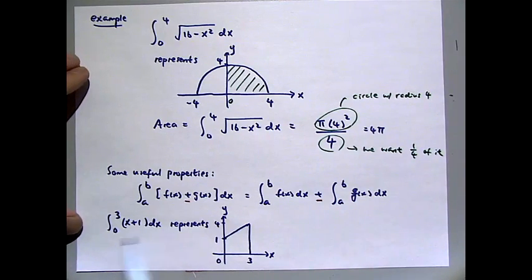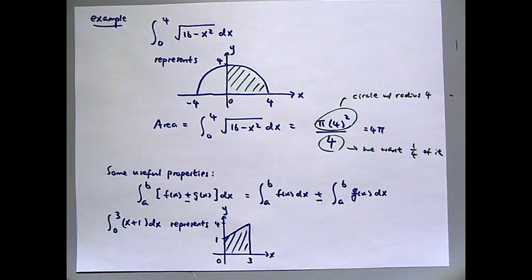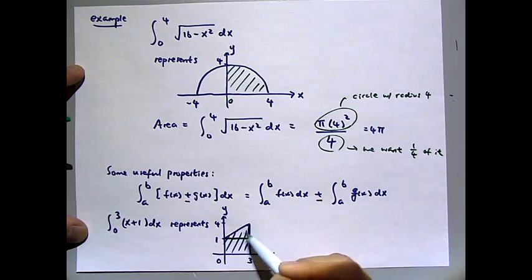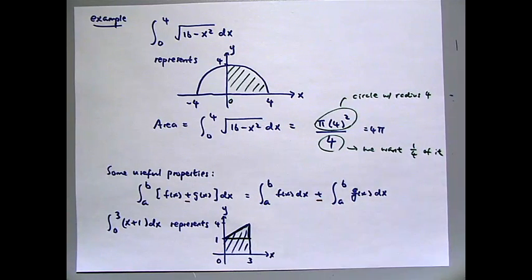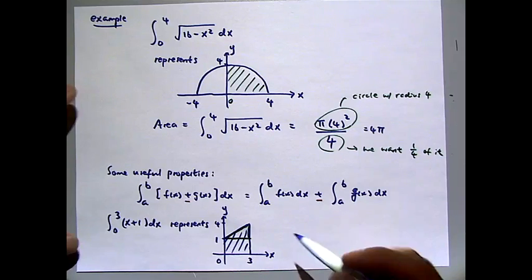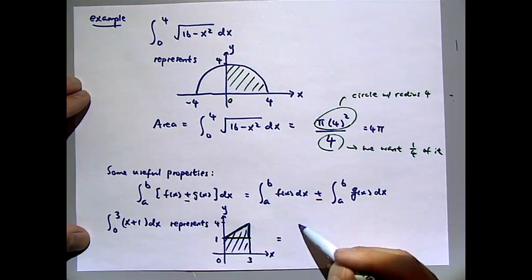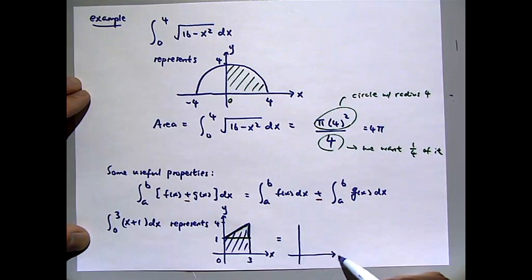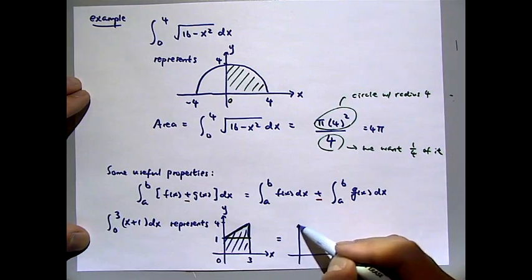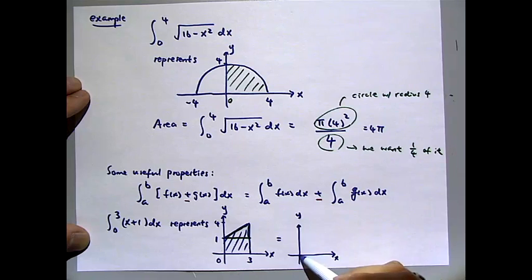Okay, so this thing right here represents this entire thing. But notice that we could also make it cut right here. And this thing really is just a rectangle plus that. So this is really equal to as if we had taken that triangle down here. This is a 3, and that's a 1.